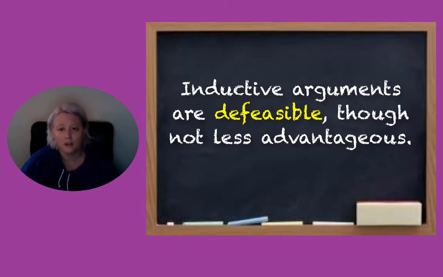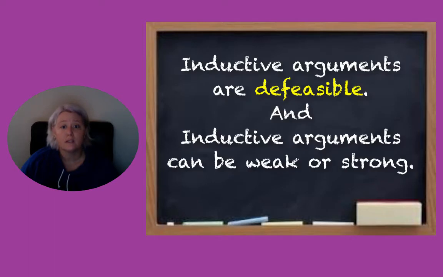When we evaluate inductive arguments, we evaluate them for strength, and the strength of an inductive argument is one of degrees. So we might have an inductive argument that is weak, strong, or very strong. Deductive arguments are either valid or invalid. It's quite straightforward. But strength comes in degrees.